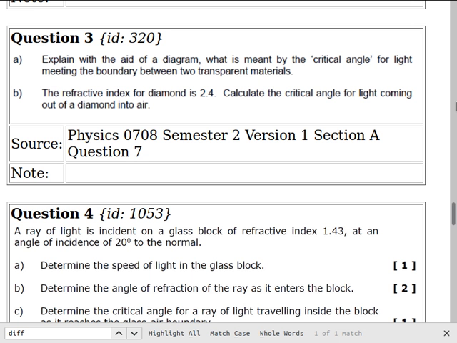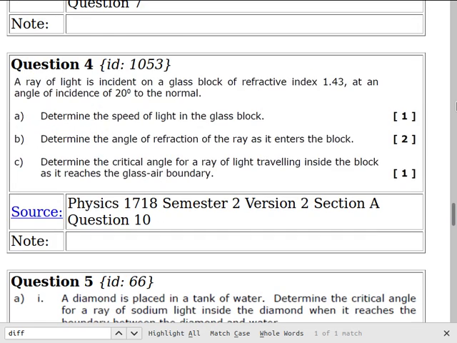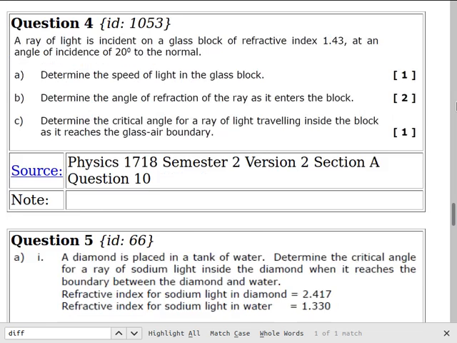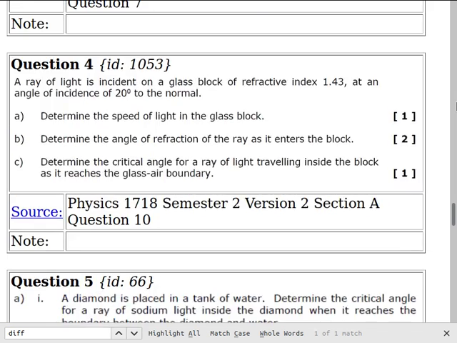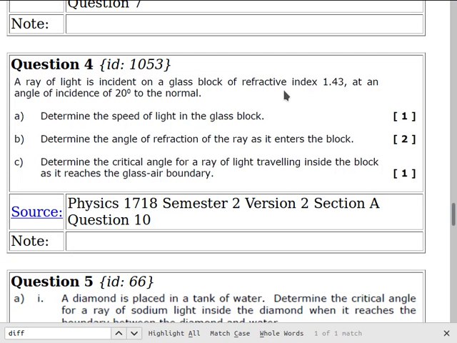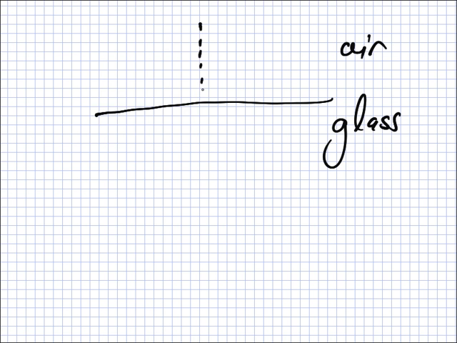Yeah. Next now, I will do this one, and then I'll let you try number 5. A ray of light is incident on a glass block, and I'm assuming it's coming from the air, at an angle of 20 degrees.